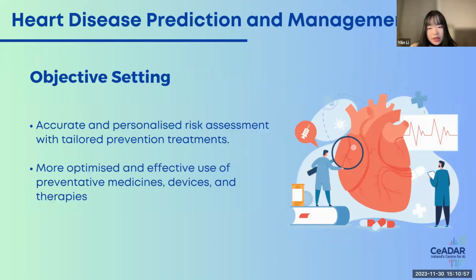So this challenge indicates that accurate and personalized risk assessments with tailored prediction and treatment remain critical, and the need for optimized and effective use of preventable medical devices and therapies.